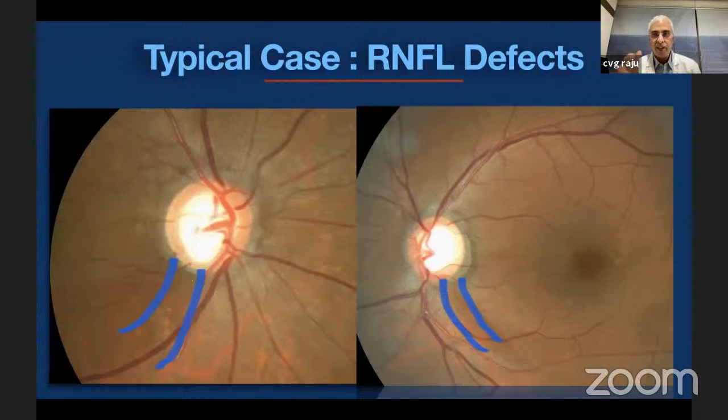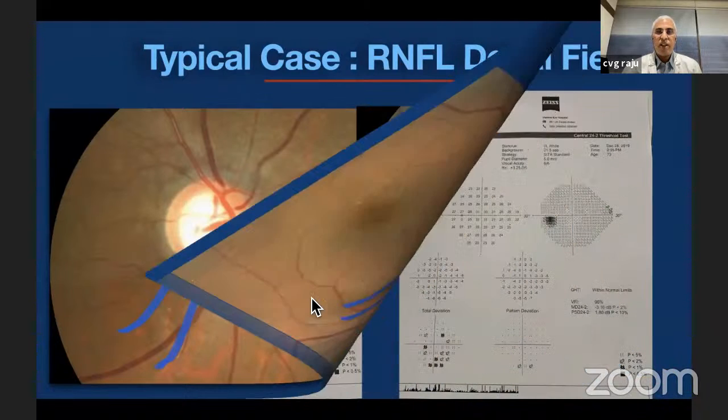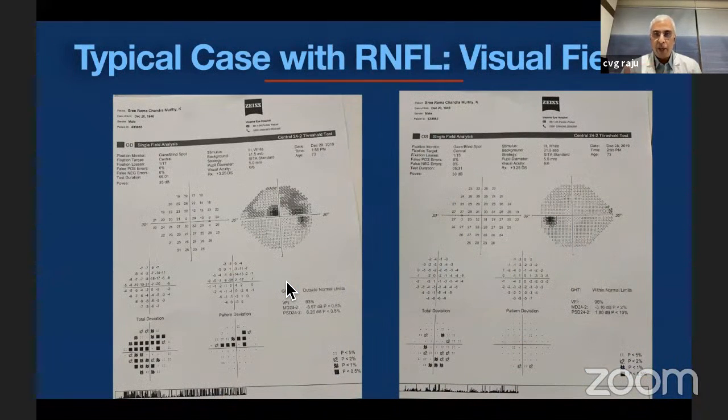So there the structural changes are the first thing to happen, followed by the RGC complex, ganglion cell complex damage. And then the third thing is the functional effect in the fields. If you go by traditional management, you will see that this corresponds with the superior arcuate field defects.